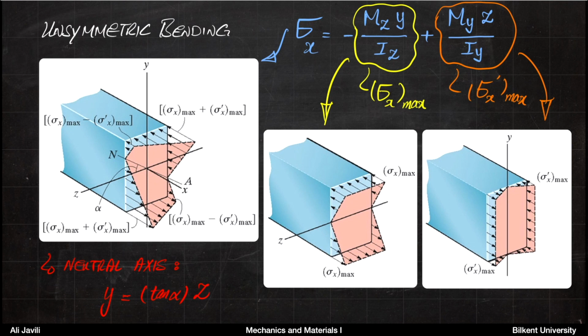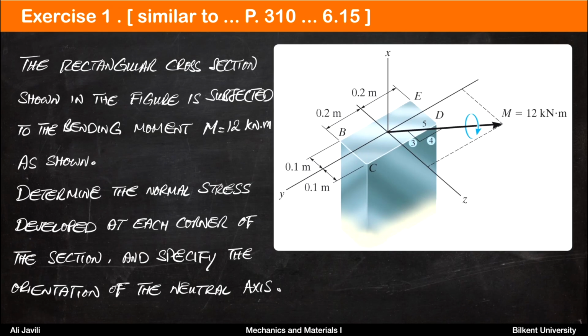Okay, so this slide is basically the unsymmetric bending and its illustration in a nutshell. What we want to do next is to solve an exercise together to better understand this. Exercise 1 of this lecture is similar to problem 6-15 on page 310 of the Hibbeler book.